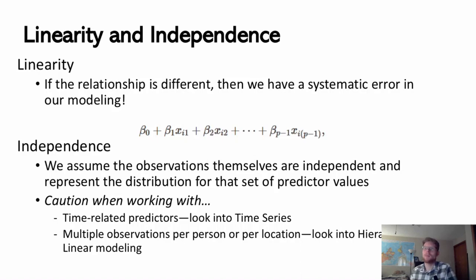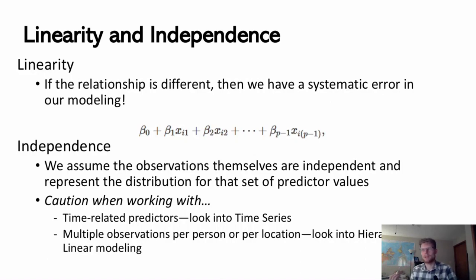Two common situations where independence does not really make sense is when we have time-related predictors where the data we're collecting is sequentially collected. Now, if I have a population of time, and I can randomly sample different times, that would be fine.